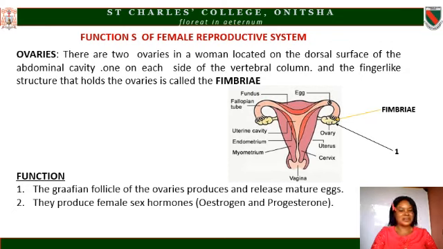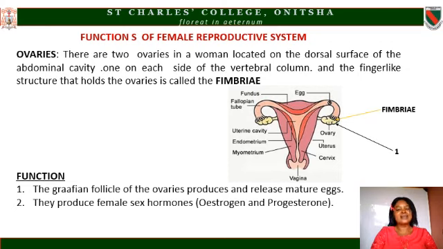Now the function. The graafian follicle of the ovaries produces and releases mature eggs. The graafian follicle is a fluid cavity that surrounds and protects the developing eggs in the ovary. The second function is that they produce female sex hormones called estrogen and progesterone.